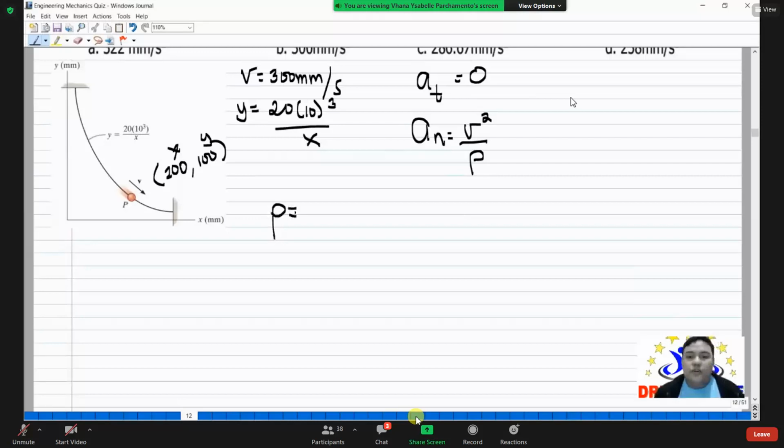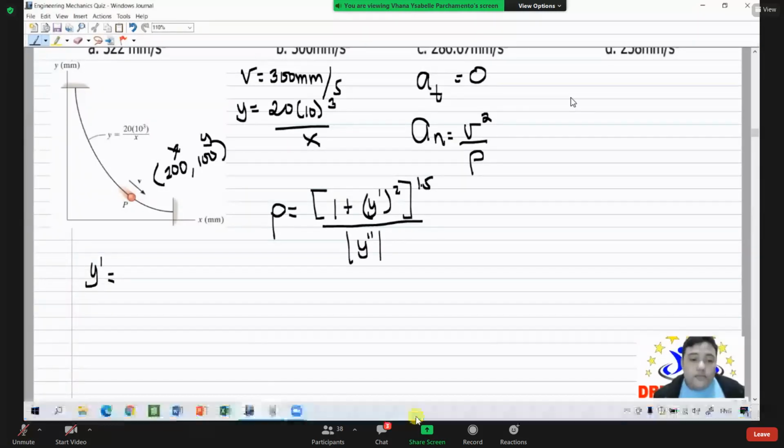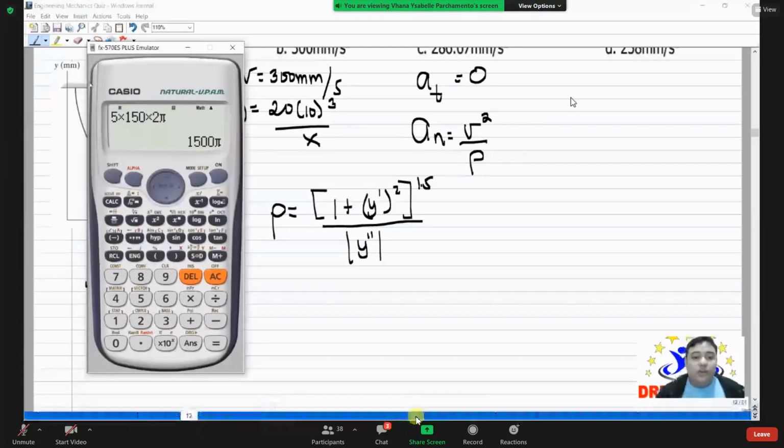Your radius of curvature from your differential calculus is equal to 1 plus y prime squared raised to 3 halves or 1.5 all over the absolute value of y double prime. Ngayon, so pwede na nating gamitan na lang yan ng calculator technique.